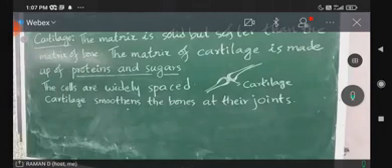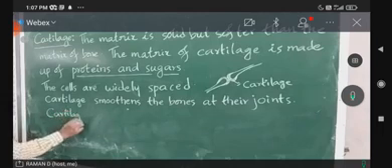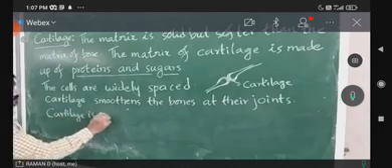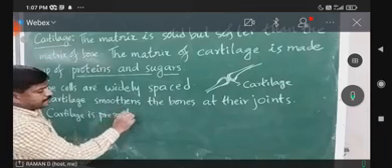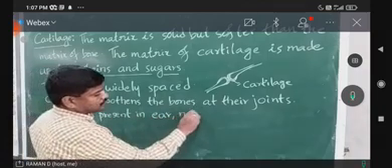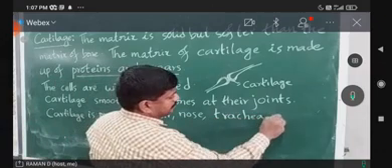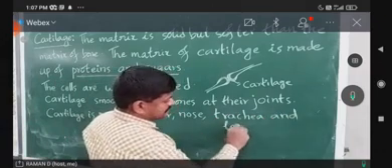In which places is cartilage present? Cartilage is present in the trachea, ear, nose and larynx.